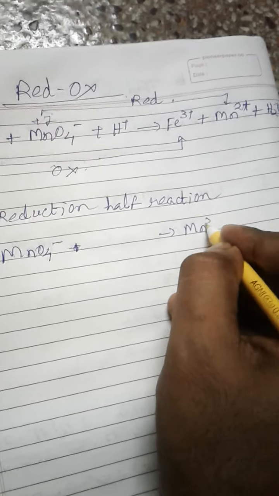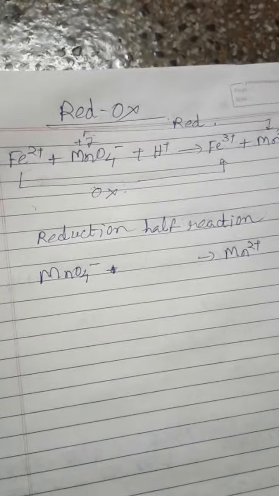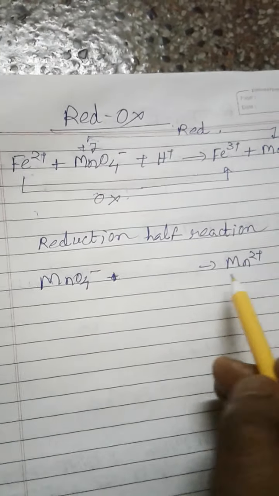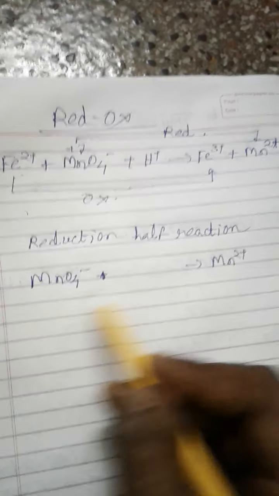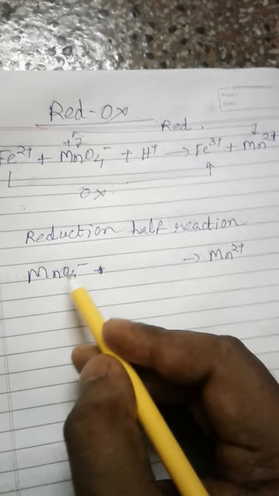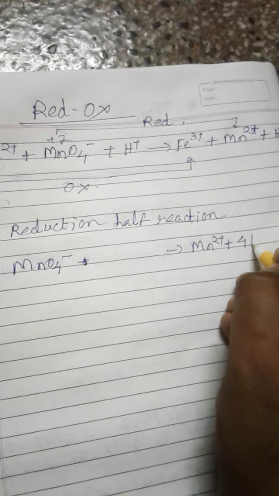Here I balance all the elements present in the half reaction. The Mn is already balanced, there is one manganese on the left side and one on the right side, and 4 oxygens are present, so we must write 4 H2O.